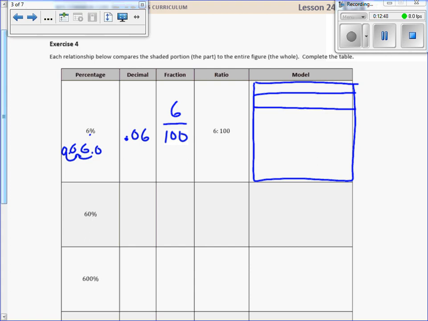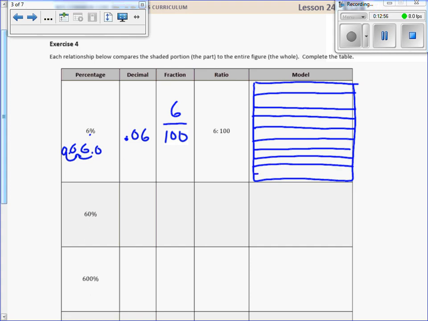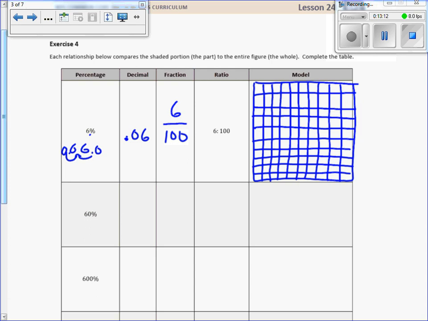1, 2, 3, 4, 5, 6, 7, 8, 9, 10. So there's a 10 by 10 grid.